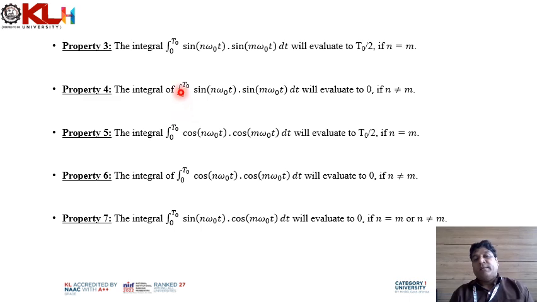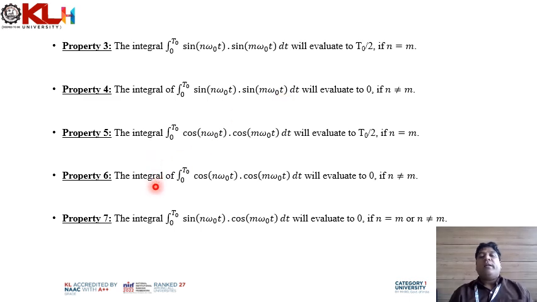That is, the integral 0 to T naught of sine n omega naught t sine m omega naught t dt will be 0 if m is not equal to n. Hence, the two signals are orthogonal to each other.